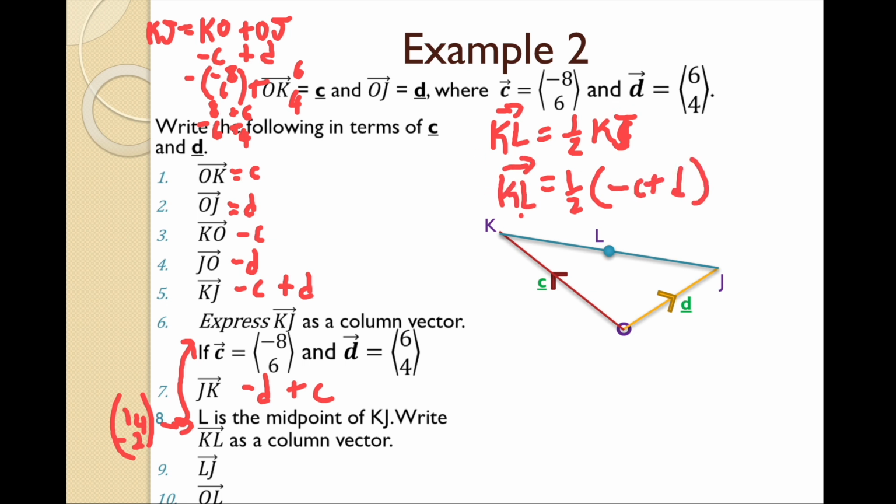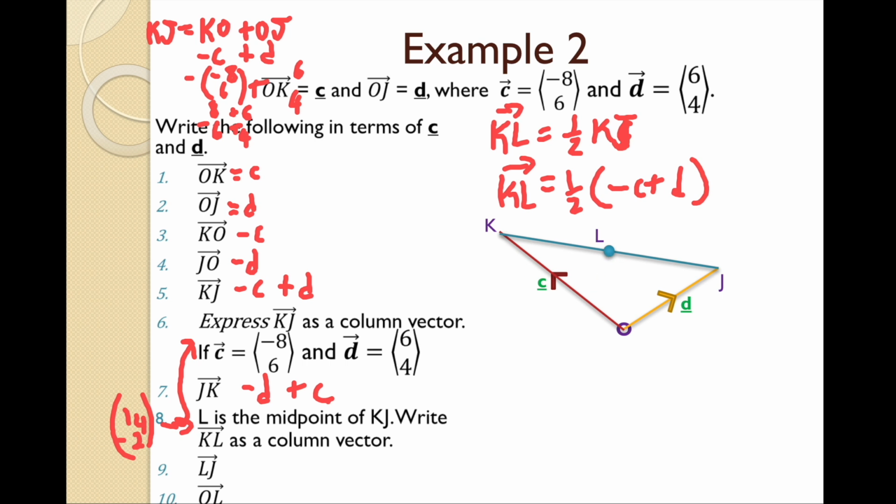So how did we get KJ? We went the opposite way because K to O is negative C. Because we are going from O to K as positive C, K to O would be negative C. We are going opposite of the arrow. And then we add that to O to J, which is D. And then half of that is basically the trip from K to L.